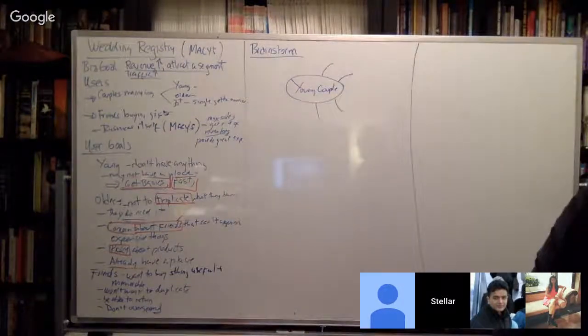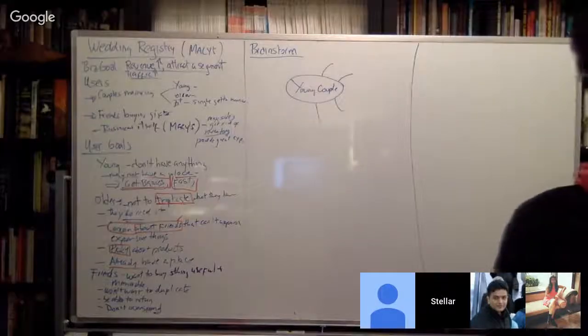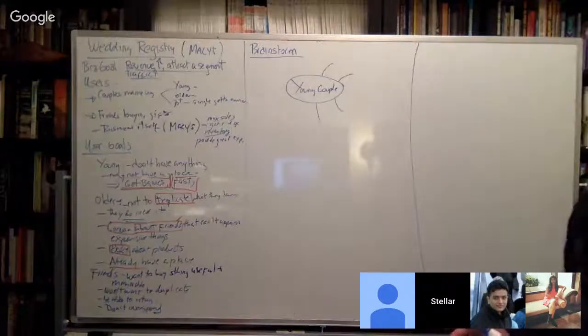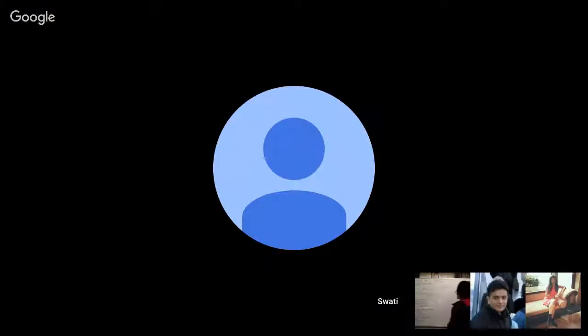What I could think immediately was that because they want things fast, there should be an initial list of suggestions. Don't go into solutions. We're talking about needs right now. Okay, use cases. So maybe a list of necessary items.